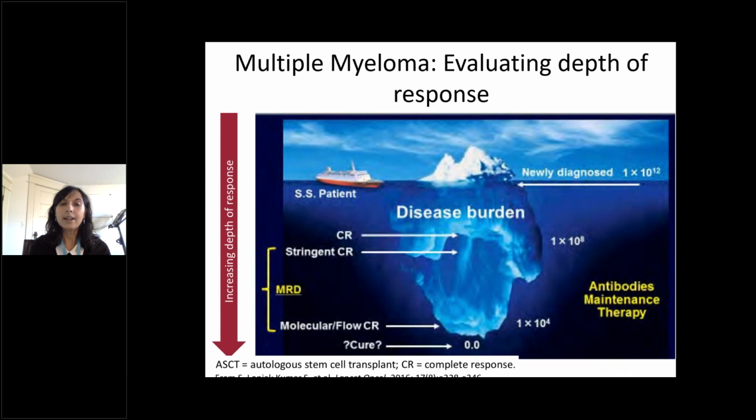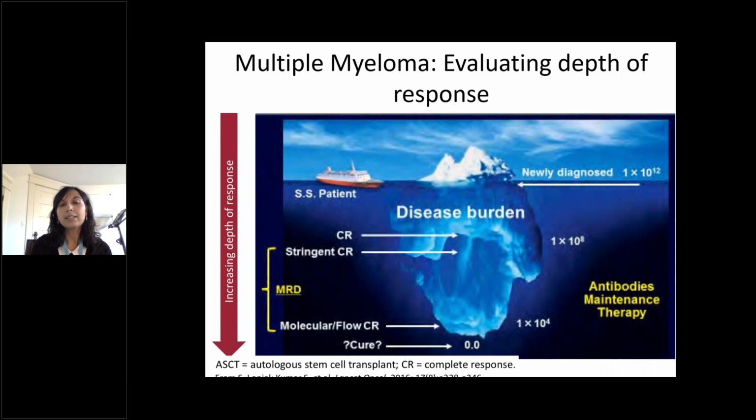So this slide is basically to illustrate how it's really important to achieve a deep response with treatment, and often the first treatment that we give a patient is going to be the most effective in terms of bringing down the burden of the myeloma.